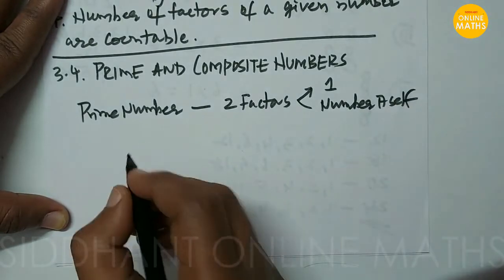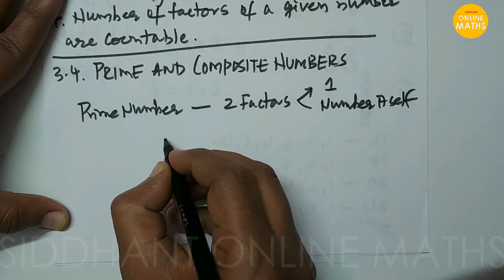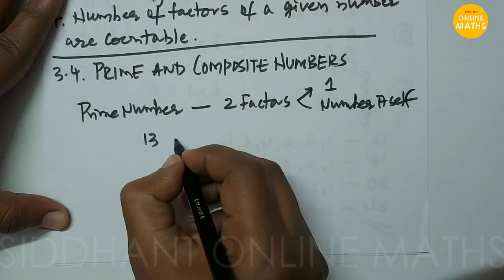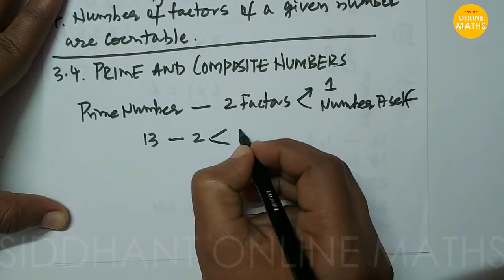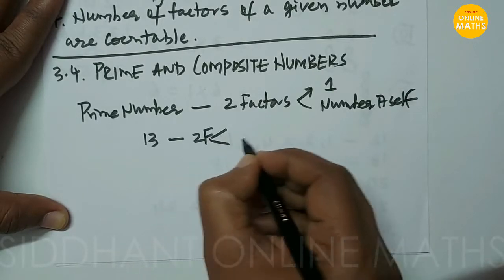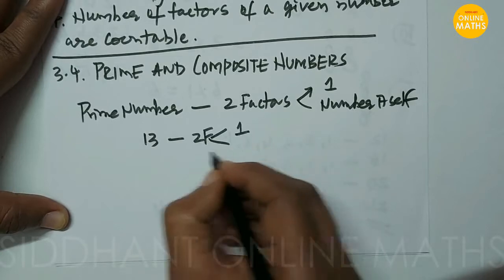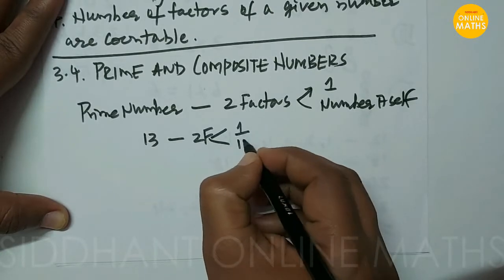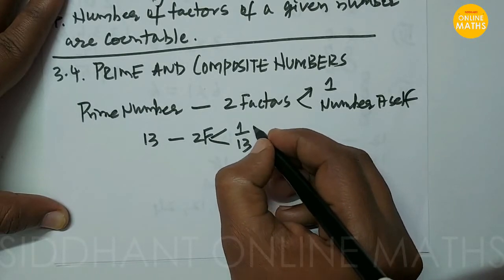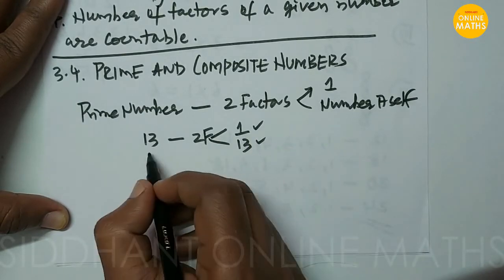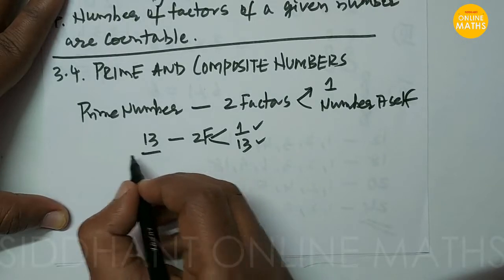Suppose you take 13 here. When you take 13, you have only 2 factors here. One factor will be 1, and the other factor will be the number itself, that is 13. So 1 and 13 are the factors of the number 13, and 13 is a prime number.